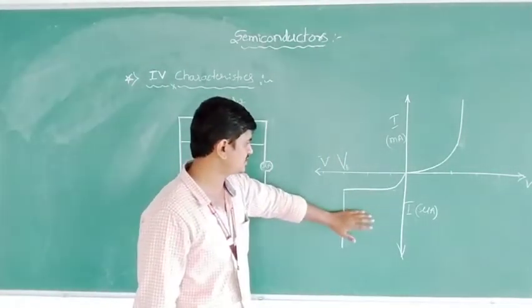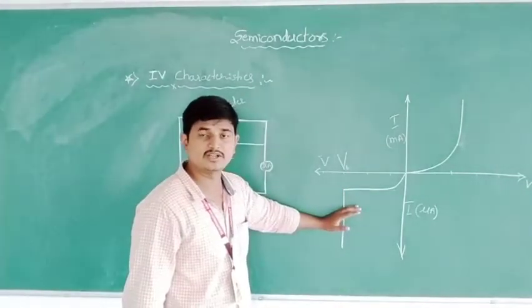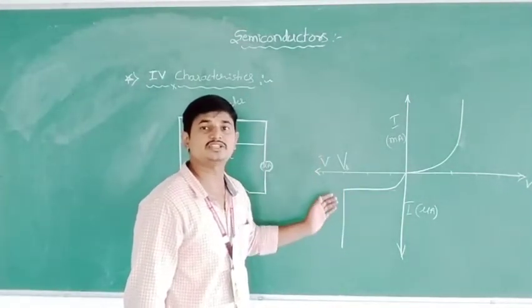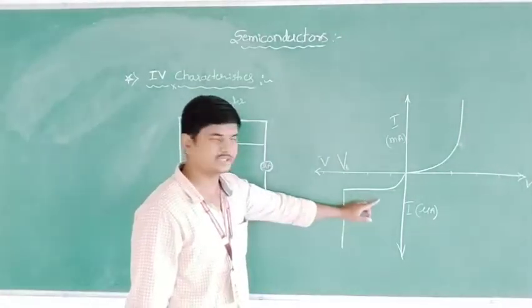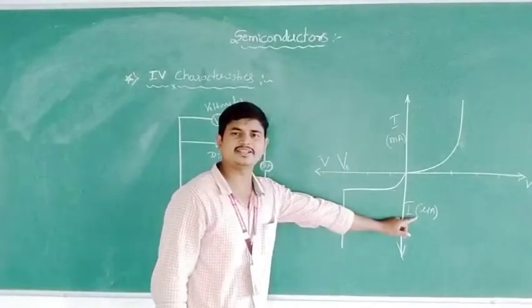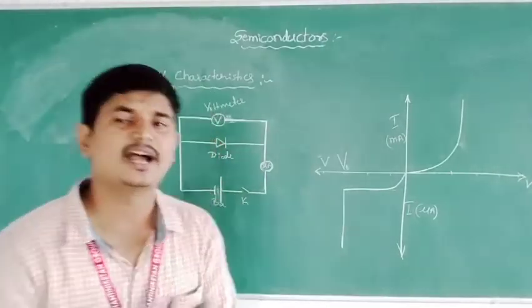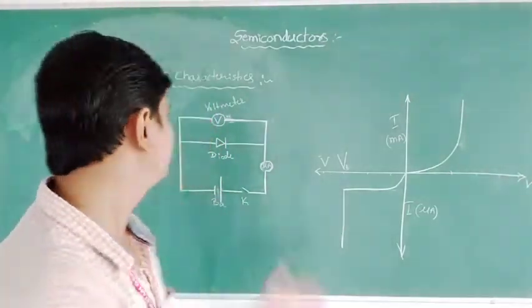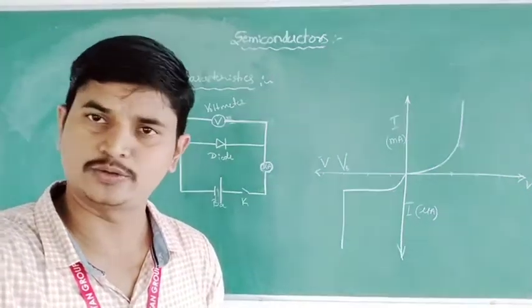We consider this in the third quadrant because the process is in the reverse bias condition. The flow of current is a very small value, due to minority charge carriers.